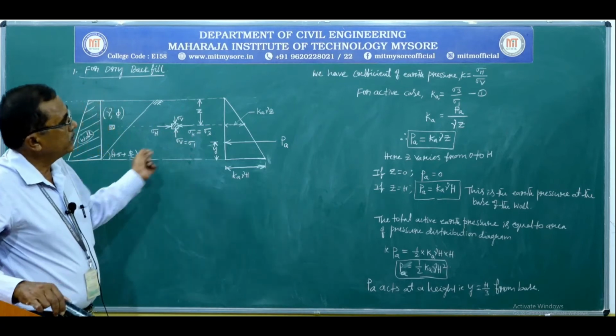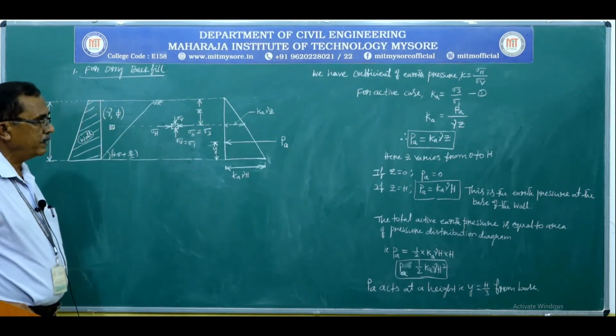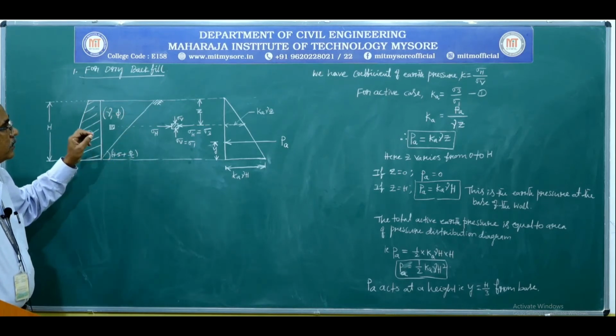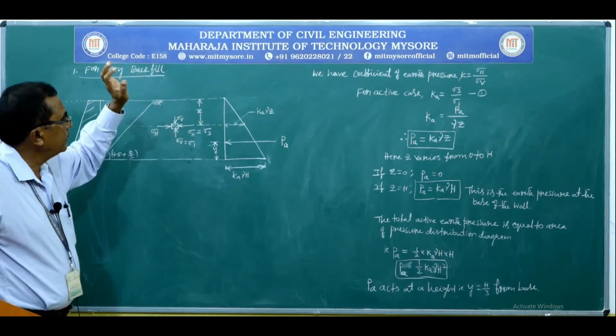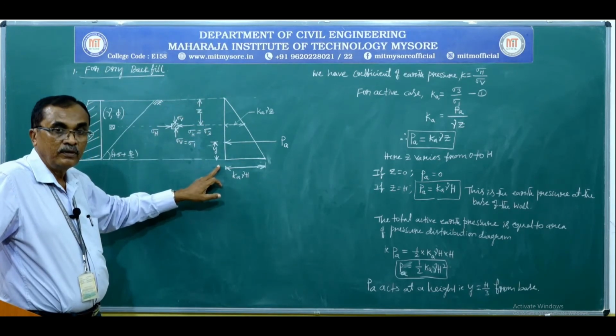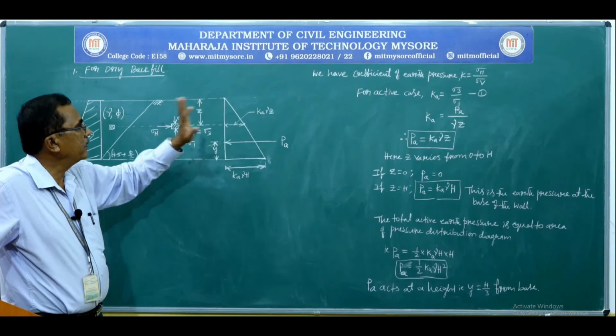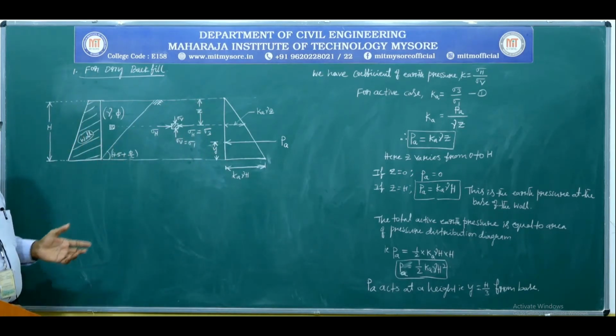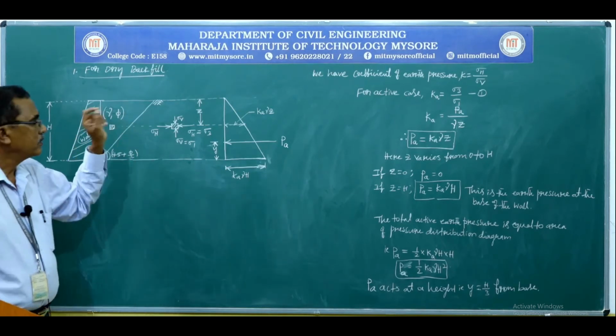So like this we can calculate the active earth pressure at a depth z. We can calculate active earth pressure at the base, and finally we can calculate the total active earth pressure acting on the wall and its position.